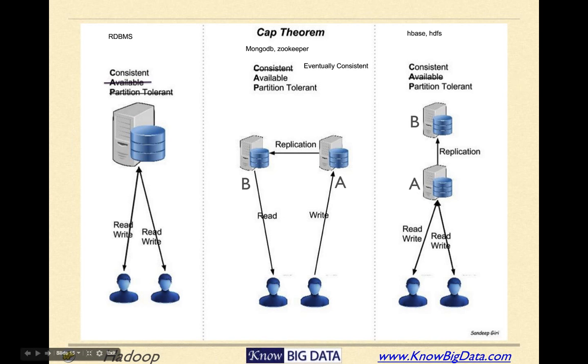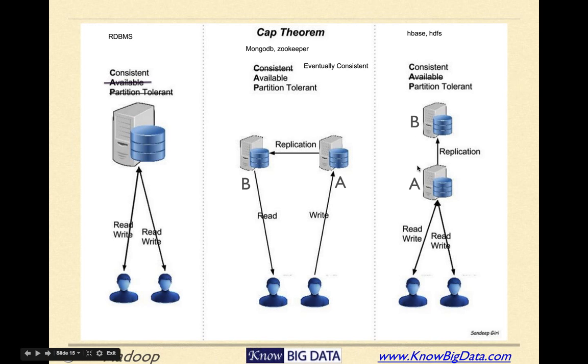Next is the HBase or HDFS kind of databases, where you have two machines, A and B, where all the users, all the reads and writes are happening on A, and A is replicating data to another machine called B. In case A goes down, there is a machine called B having exactly the same data to which these users can talk.